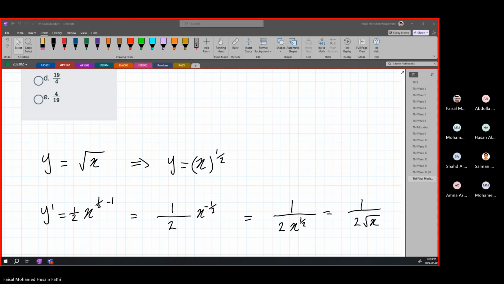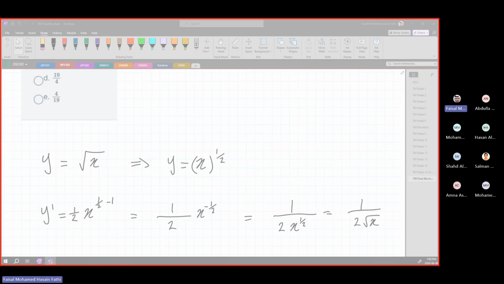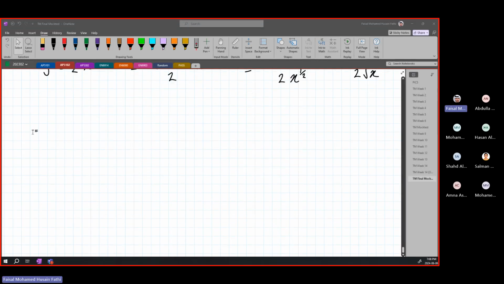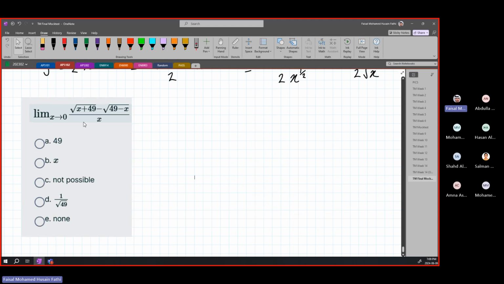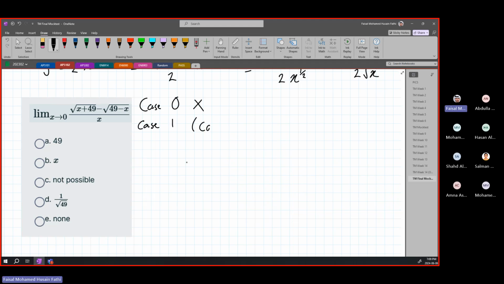Okay, another case of limit. Let's go over it very quickly. So here we have the limit of x going to 0. If you plug it in, case 0 is not possible. Let's go to case 1, which is finding the conjugate. Can we?